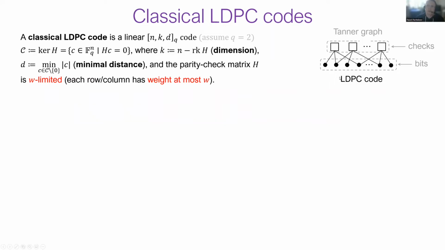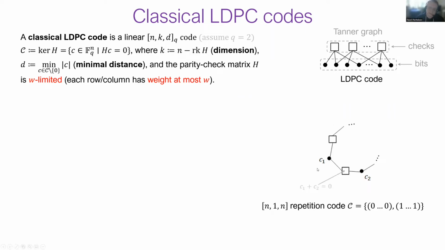One usually represents an LDPC code by the corresponding bipartite graph called the Tanner graph, where one part corresponds to bits and another part corresponds to checks. The simplest example of a classical LDPC code is a repetition code. Here we have n bits and n checks, and each check just says that these two bits are the same.